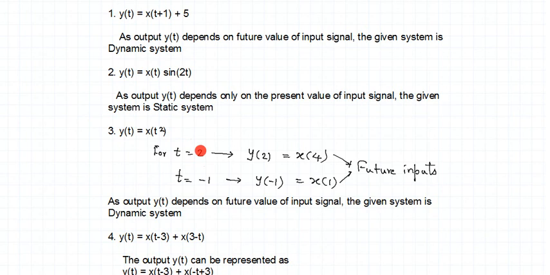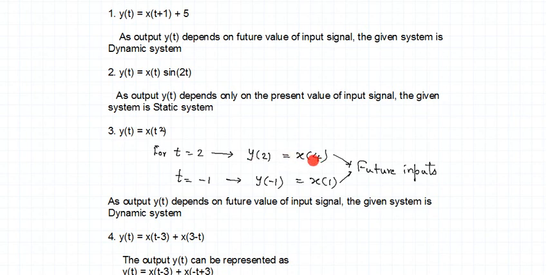So what is the output at this present time instant? y of 2 is observed to have x of 4, because 2 square is 4. So y of 2 is dependent on x of 4, and we know that x of 4 indicates the future input.